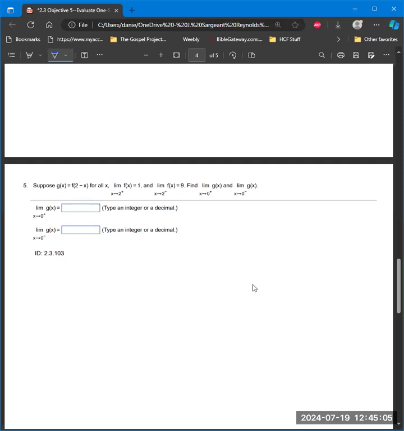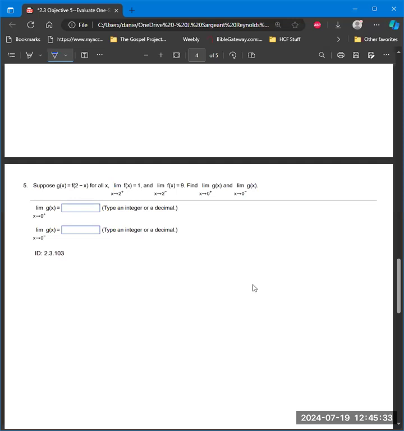So we're going to stick in 2 minus 0, which gives me 2.